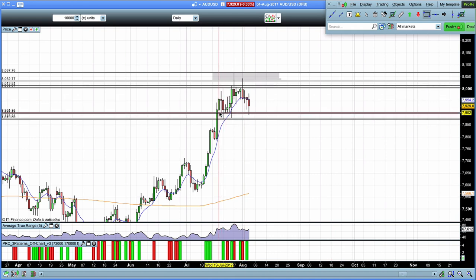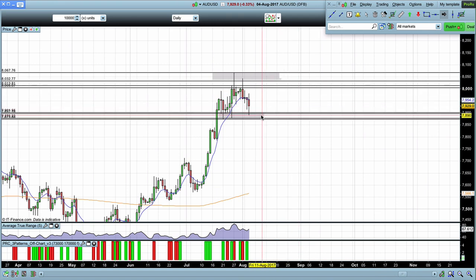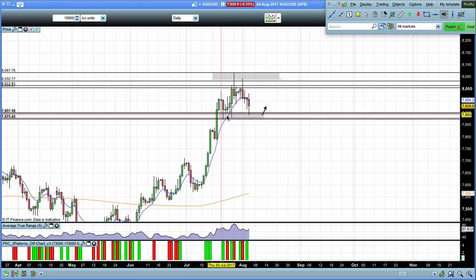Now, the key levels were down here. So if the market came down into these levels, first of all, it was good support. If we started to break below these levels, you can see the market has tested once, twice, 3 times, 4 times, 5 times, 6 times at these levels.